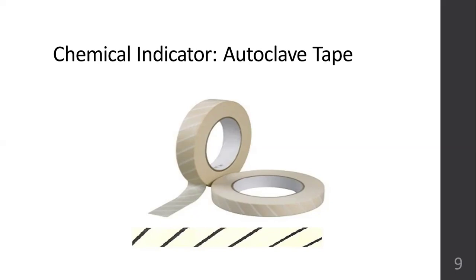So chemical indicators use certain chemicals which can undergo certain physical or chemical change that is very much visible to the human eye after exposure to a sterilant. Okay. For example, you can see here in this tape, before it was a cream and white color tape.